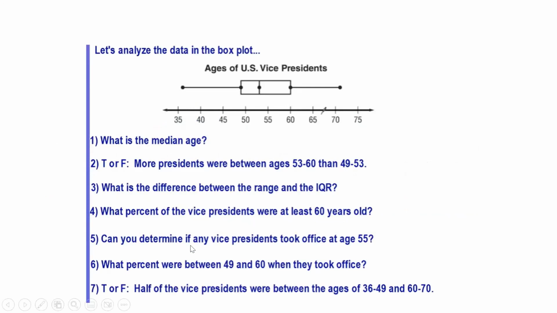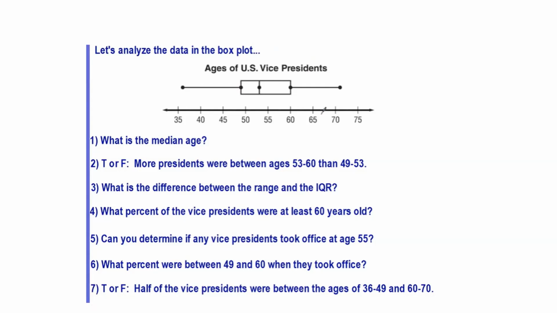All right. Now, can you determine if any president took office at the age of 55? Yes, you can. Defend it. It's not about telling me yes. How?